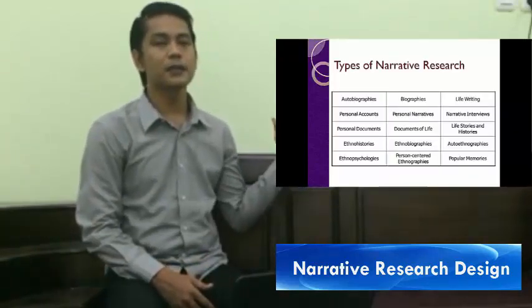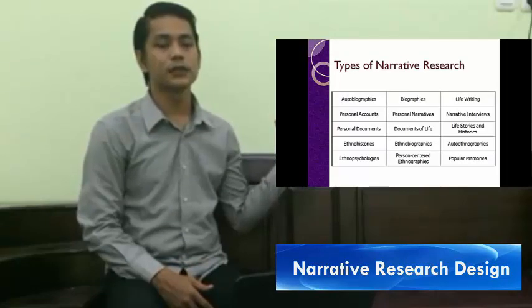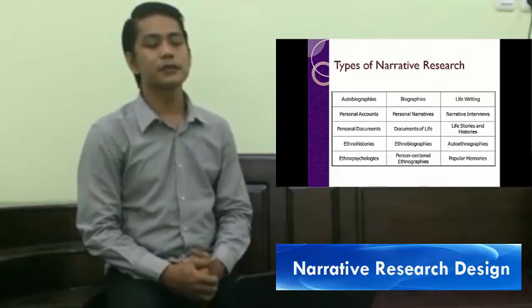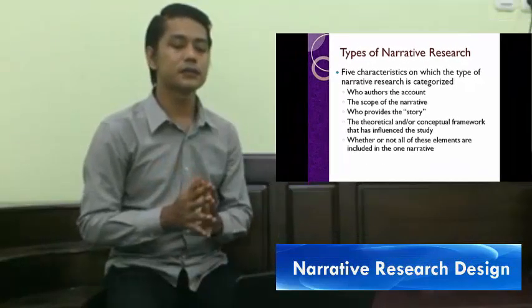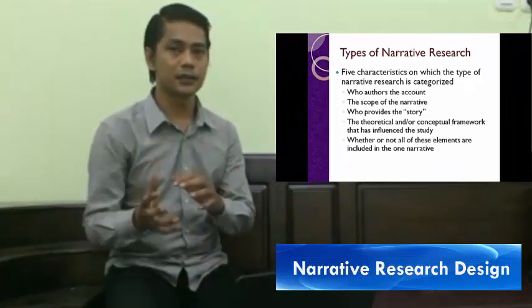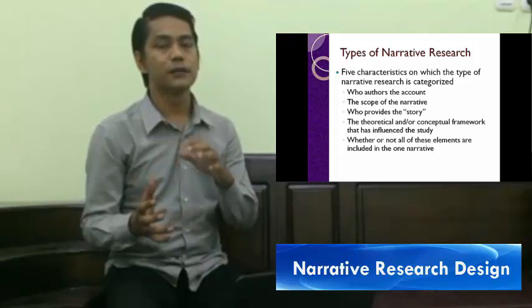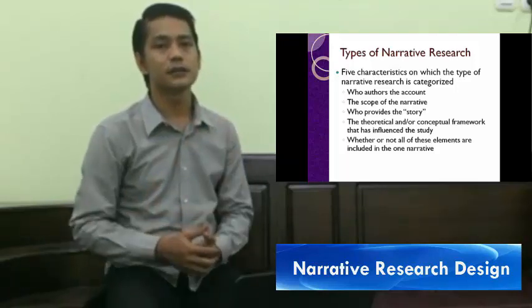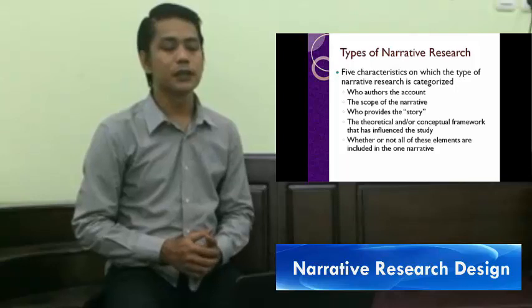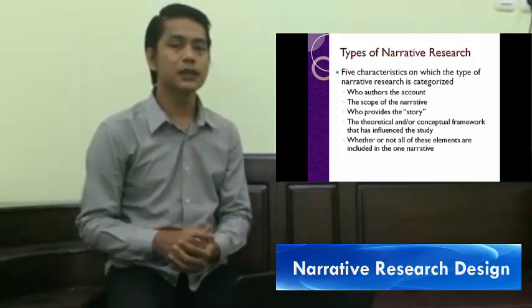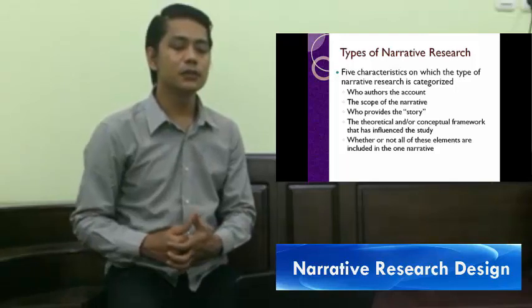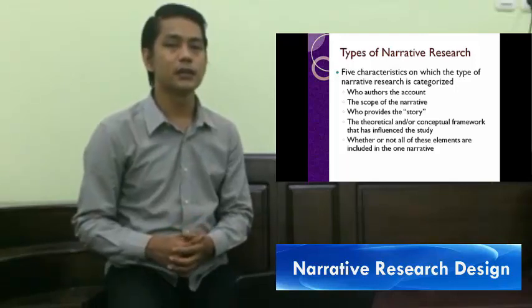Okay, next, types of narrative research. As you can see in the slide, there are so many types of narrative research. There are 5 characteristics on which the types of narrative research are categorized. It means there are 5 categories of narrative research. The first, we can set the category of narrative research depending on who authors the account.